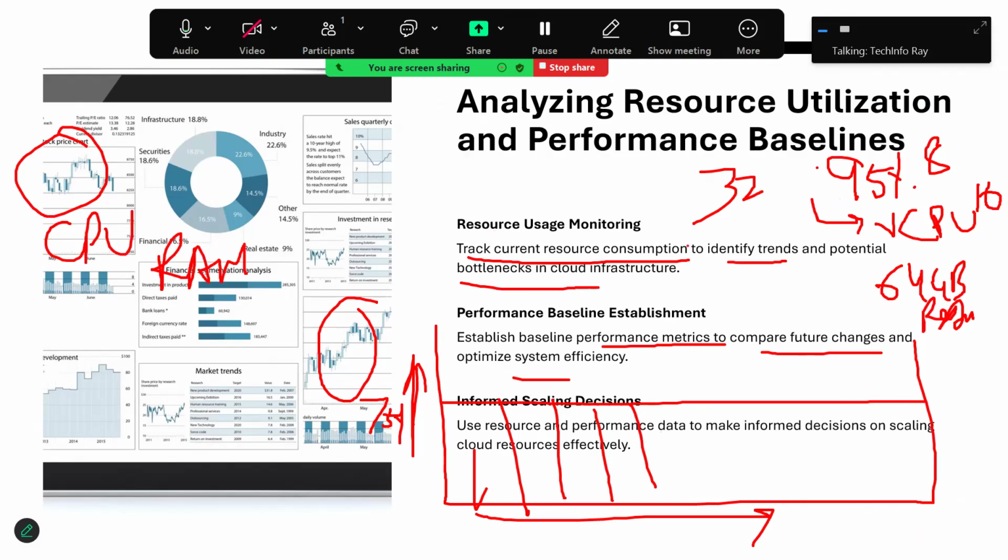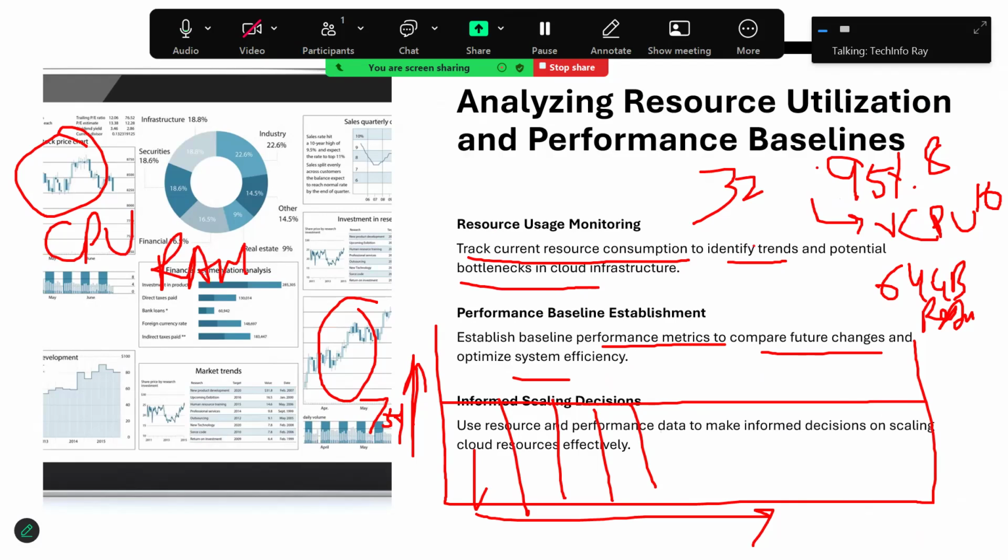So you have to understand what the baseline is, and the number of users accessing the application helps establish the baseline of the performance. Based on all these details, you have to establish some kind of baseline and say, okay, this is the current scenario, this is the current baseline performance.